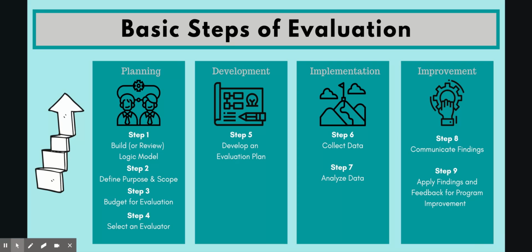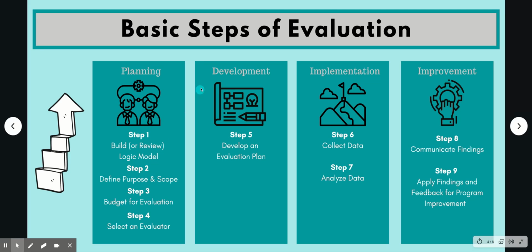So, what are the basic steps of conducting a program evaluation? Well, within each of the four broad phases, there are 9 basic steps for conducting an evaluation. The planning phase includes building a logic model, defining the purpose and scope of the evaluation, budgeting for the evaluation, and selecting an evaluator.